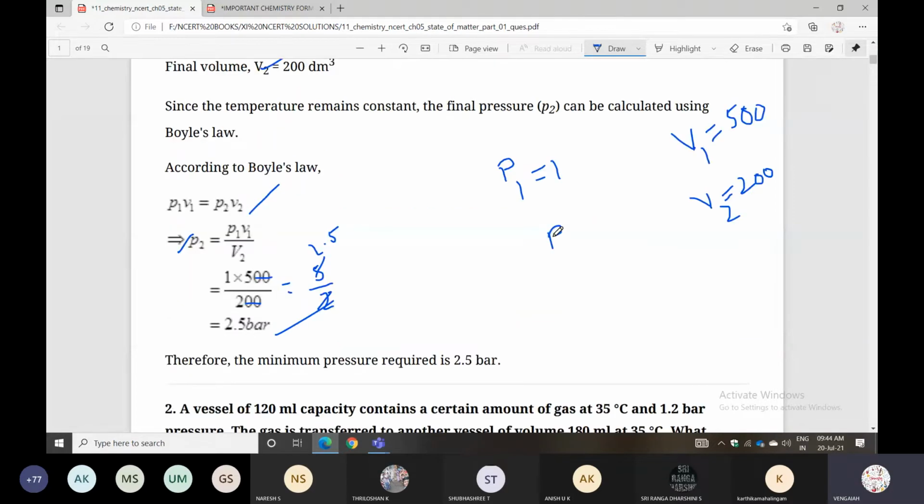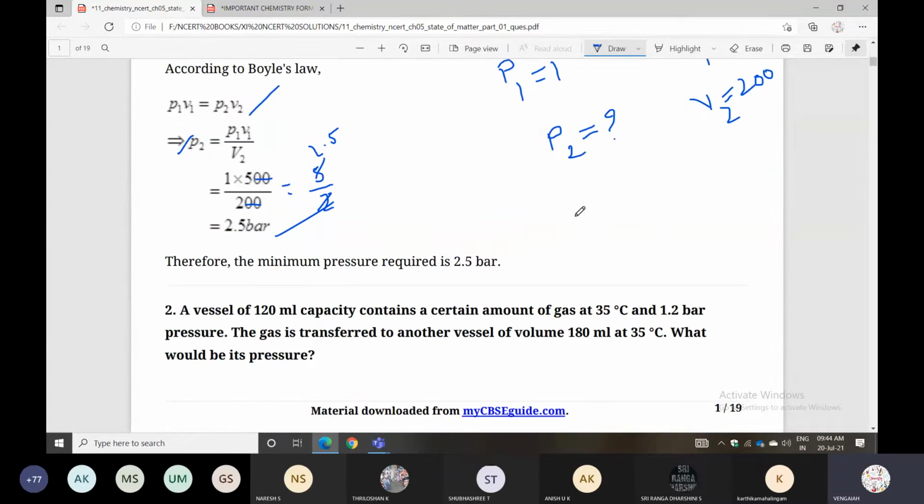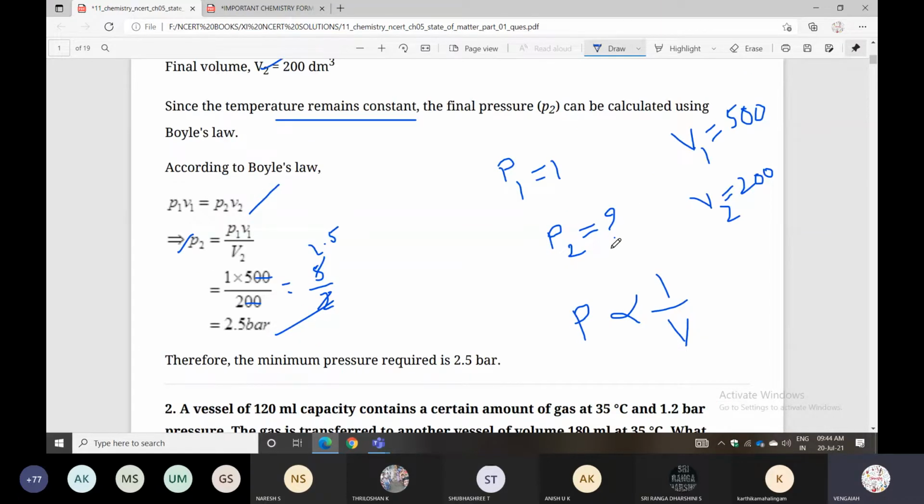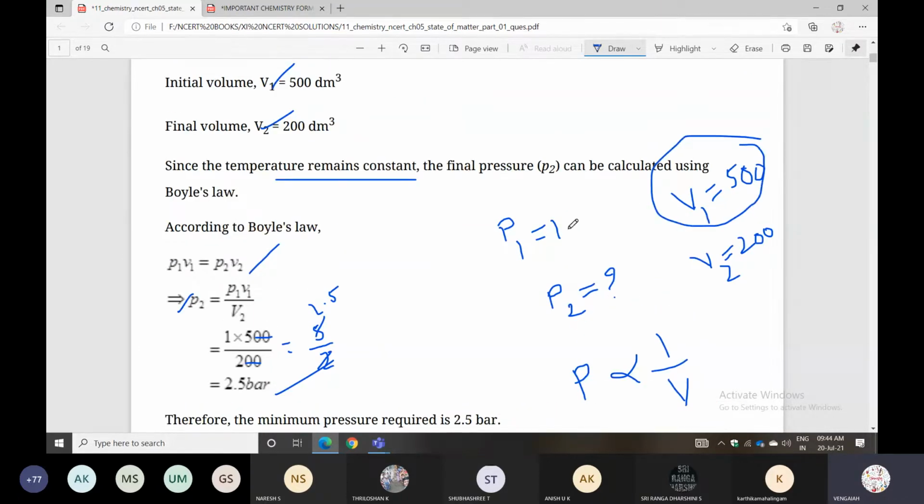Boyle's law is at constant temperature. The relation between pressure and volume is inversely proportional. So if pressure increases, volume decreases; if volume increases, pressure decreases. So here volume is 500, pressure is 1 bar. Volume will decrease, so pressure will be more than 1. That's why we are getting 2.5.